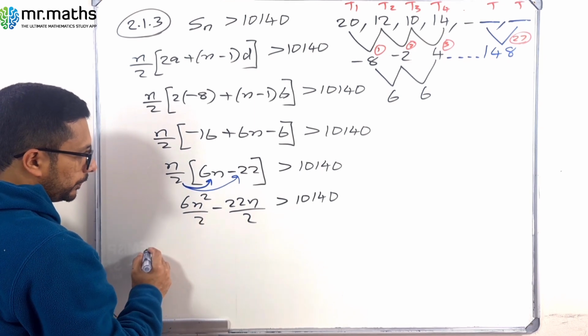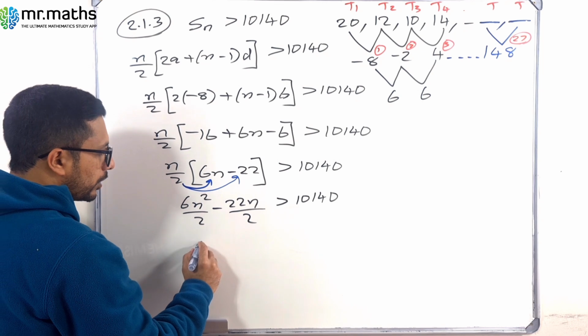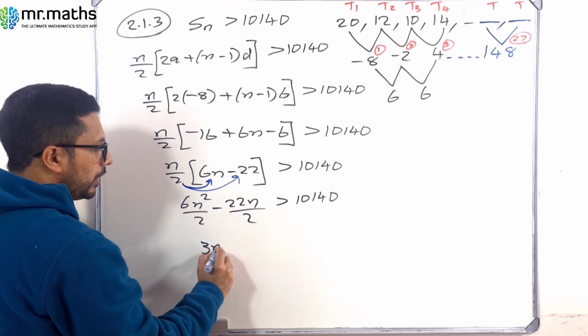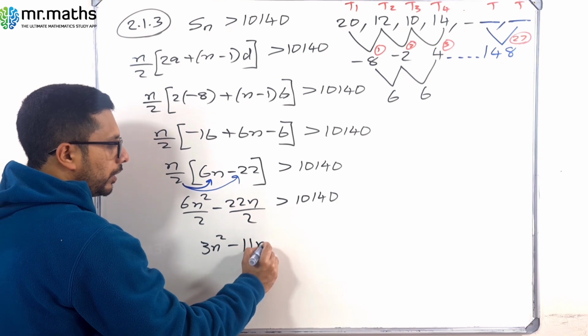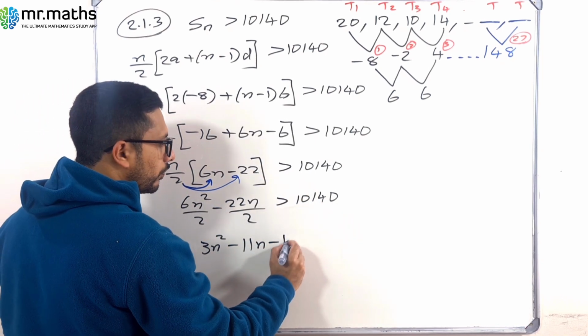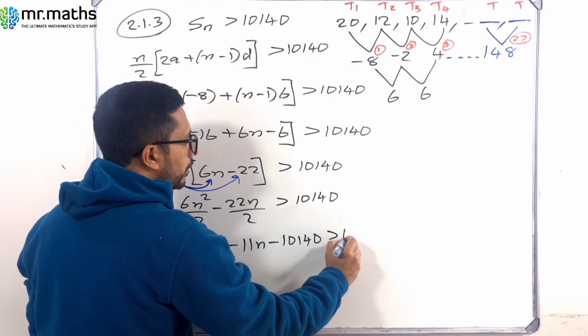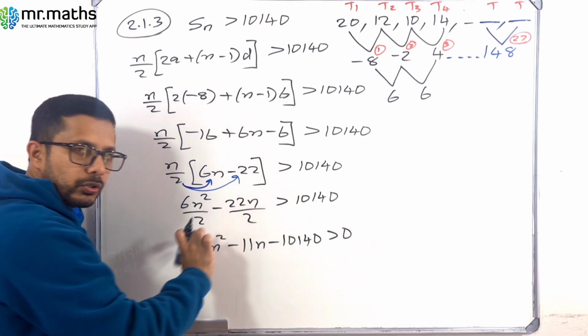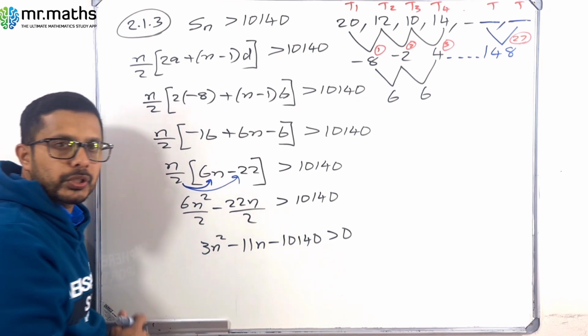6n square by 2, that is 6 by 2 is 3, so it is 3n square. 22 by 2, that is minus 11n. Now take this one to this side, so it is minus 10140 is greater than 0. I took this one also to the left side. Now this is a quadratic equation, am I right?